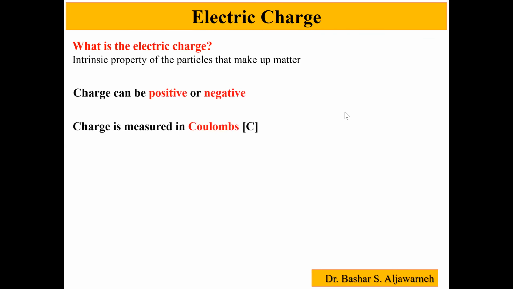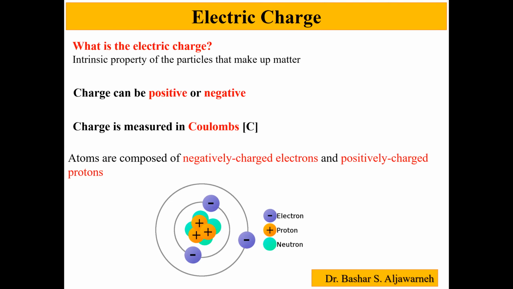For example, we know the atom is composed of negatively charged particles and positively charged particles. The negatively charged particles are electrons, the positively charged particles are protons, whereas the neutrons are neutral particles.